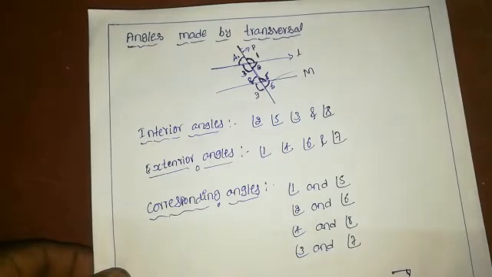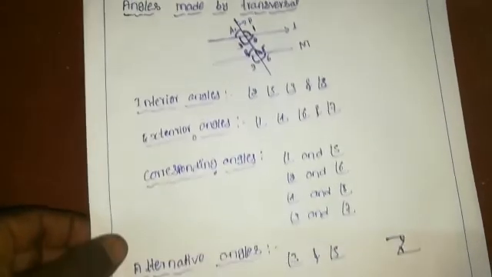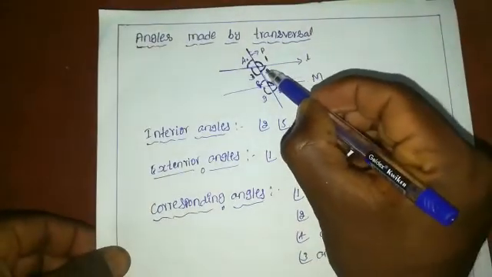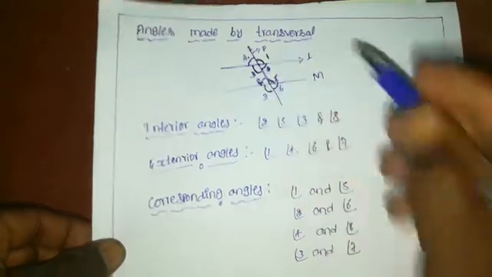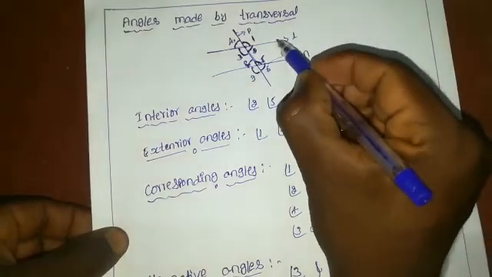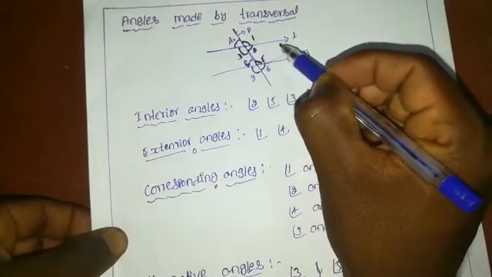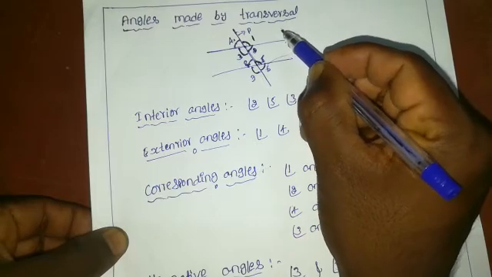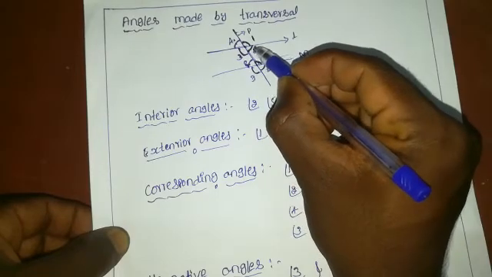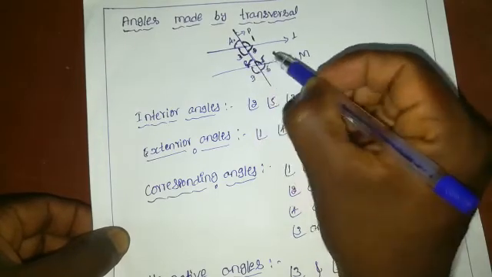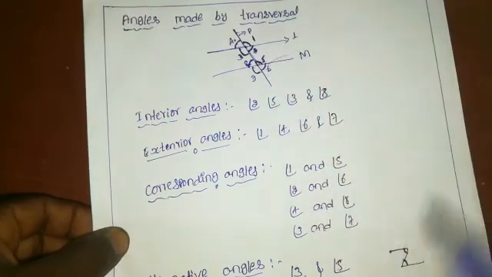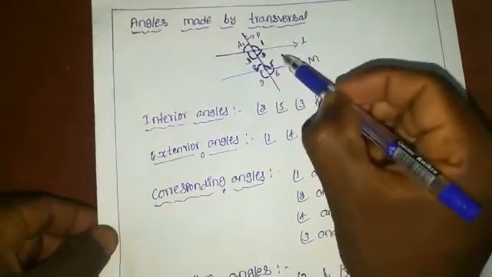And then here angle 2 and angle 8 are the alternative angles, so they are in a Z shape. Alternative angles are the angles on opposite sides of the transversal. Here angle 2 is on the right side of the transversal line and angle 8 is on the left side. These are all the alternative angles present in this diagram.